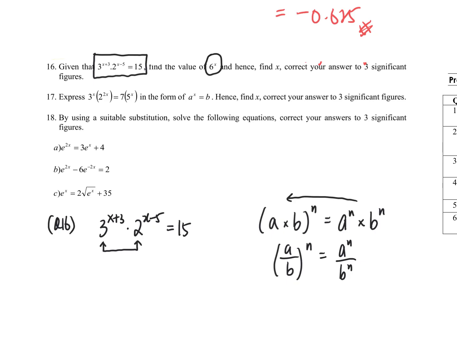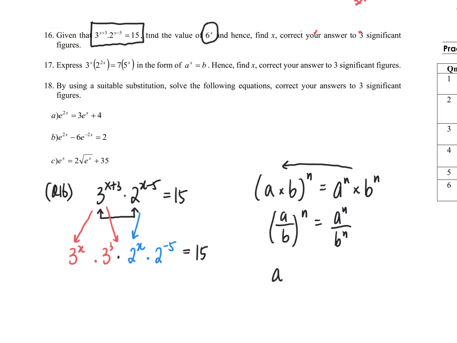So before I can do that, I split this into 2. So this is 3 to the power of x times 3 cubed. Then I'm going to split this into 2 also. 2 to the power of x times 2 to the power minus 5. So what I'm doing here is when I have a^m times a^n, I add the power, right?